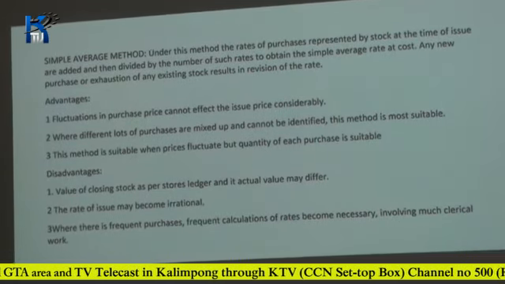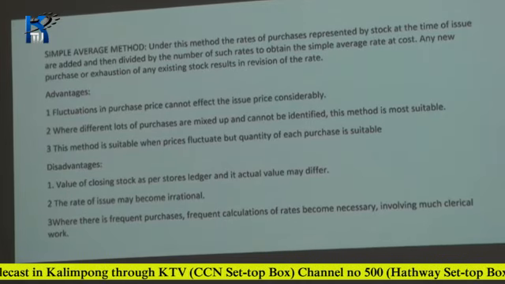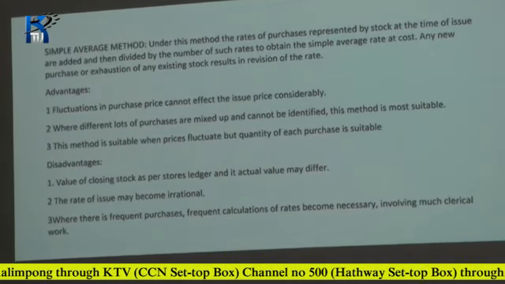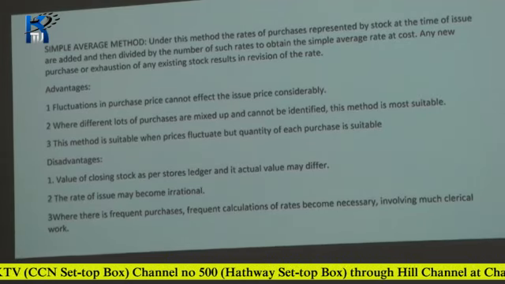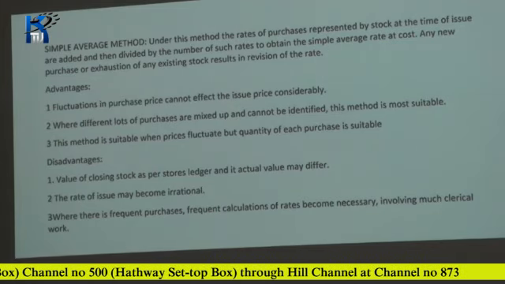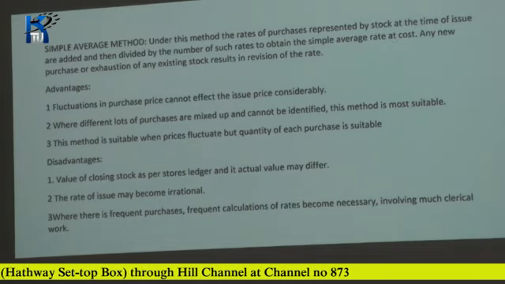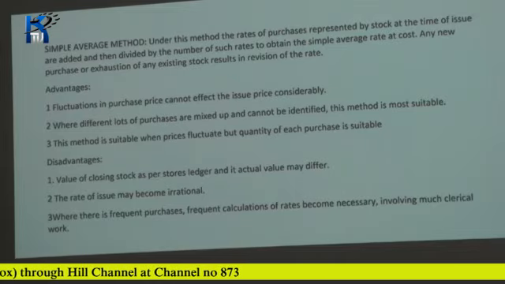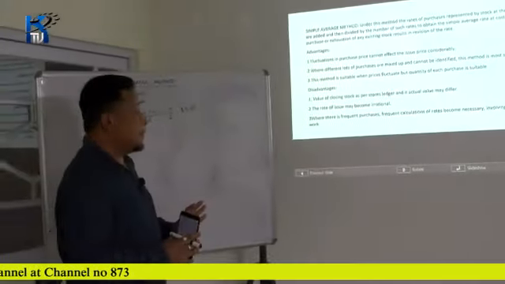Again, where there are a lot of purchases, different batches purchased at different rates, and these batches cannot be identified or segregated, this simple average method is suitable. Again, this method is suitable when prices fluctuate, but the quantity of purchase does not fluctuate.